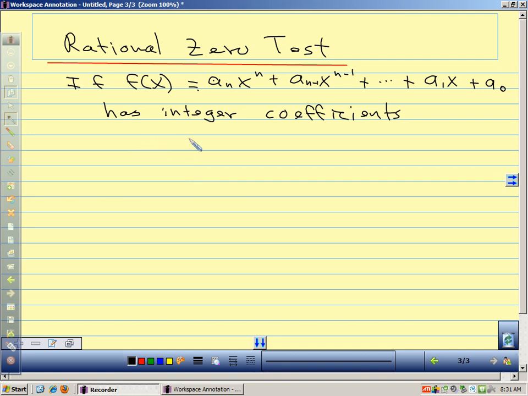So if this polynomial has integer coefficients with a sub n not equal to 0, and a sub 0 not equal to 0. So the first one and the last one are not 0.